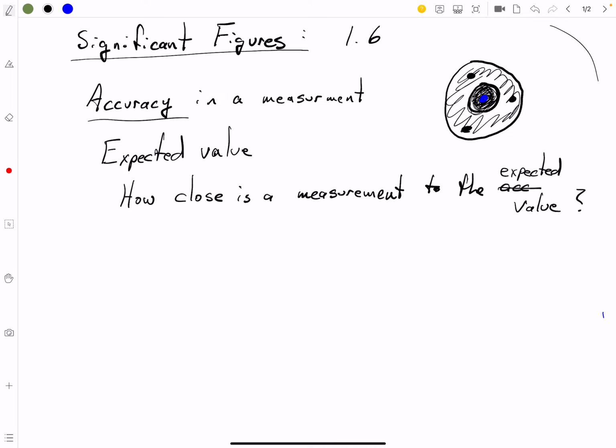Okay, so how close is it? That is our accuracy. So the more close it is, the more accurate. The less close it is, the less accurate.